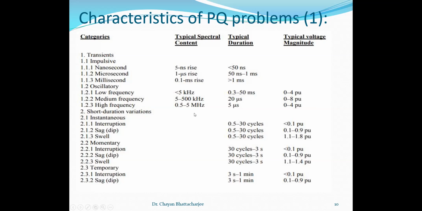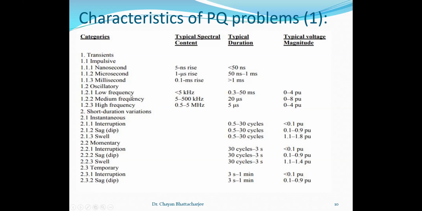These very high frequency components create a lot of problems as they stay for longer duration in the system. If you take the fast Fourier transform of that particular disturbed signal, then you can find out exactly what high frequency components are present. And the typical voltage magnitude is 0 to 4 pu, or 0 to 8 times.